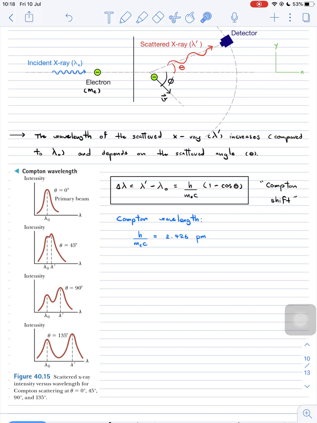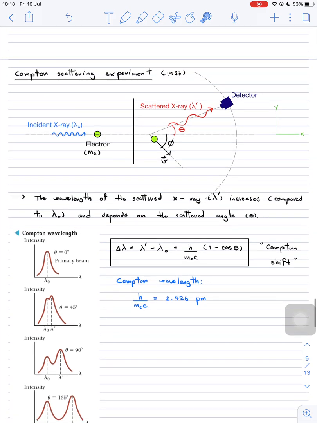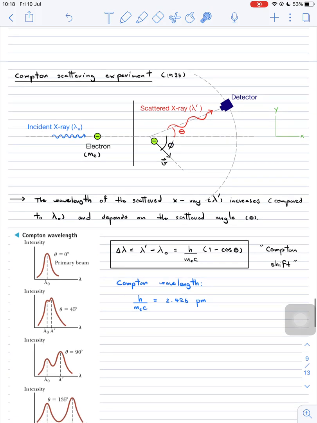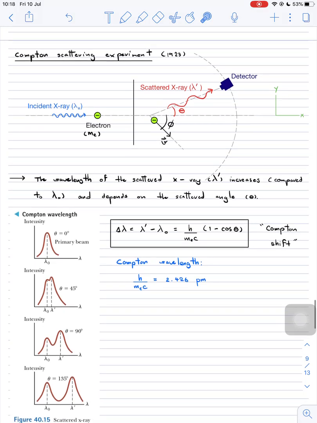Then Compton used the idea of Einstein that the photon has momentum, and he considered this as an elastic collision. So we need to use conservation of momentum and conservation of energy to solve for this one. We will work on this later.